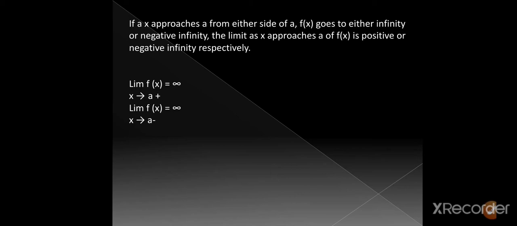The limit as x approaches a from the left of the function f of x is equal to infinity also. So since the limit as x approaches a from the right of f of x equals the limit as x approaches a from the left of f of x, then the limit as x approaches a of f of x is equal to infinity.